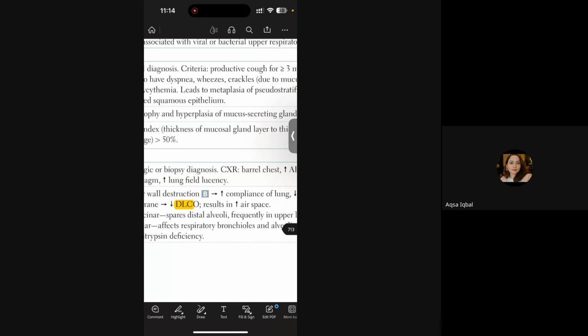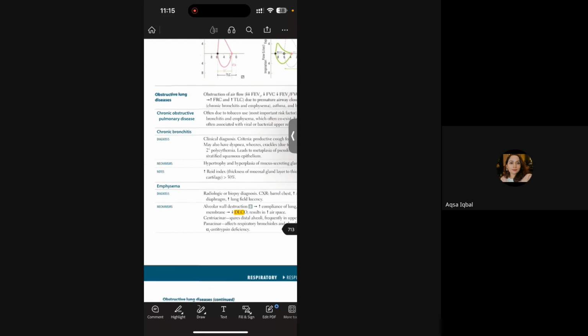We know that the alveolar walls get destroyed in emphysema. That's why the tissue density gets decreased, and the surface area available for gaseous exchange is going to decrease. So it is in emphysema.